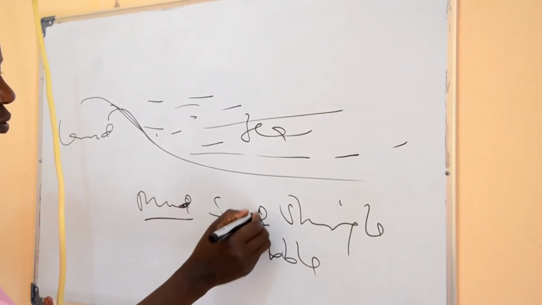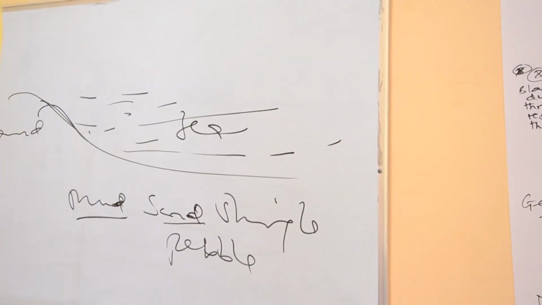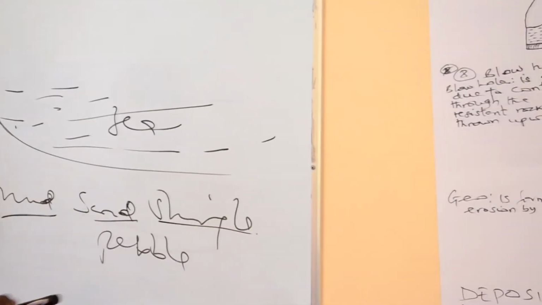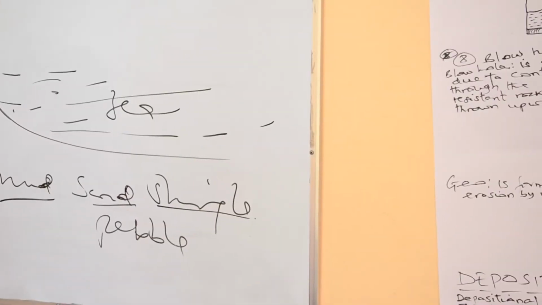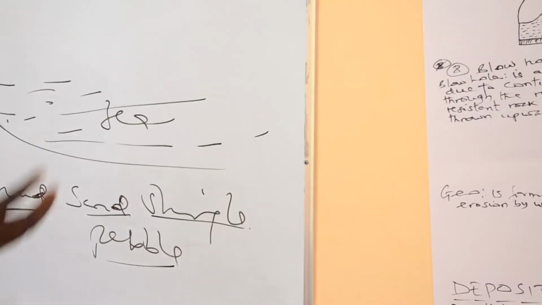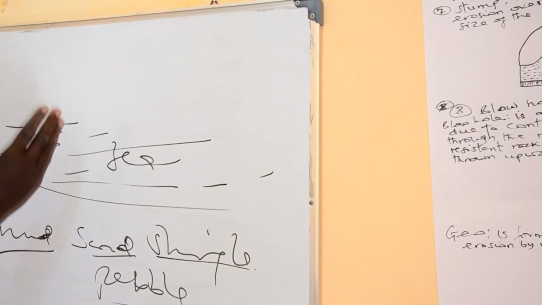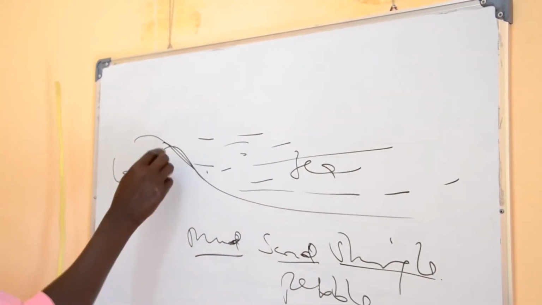But sand, the particle you can feel yourself as a grain. But shingle is like gravels, and pebbles are larger materials. Therefore, the material which is deposited along the coast is called depositional features caused by wave action.